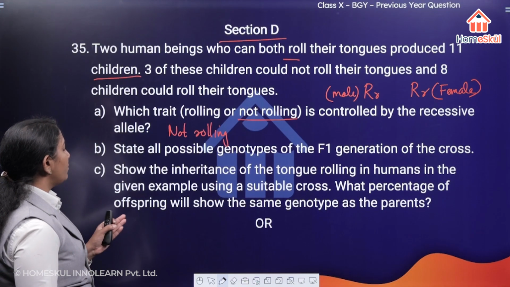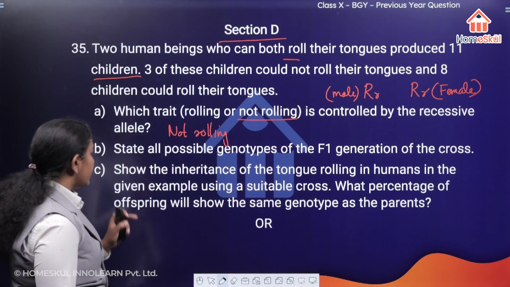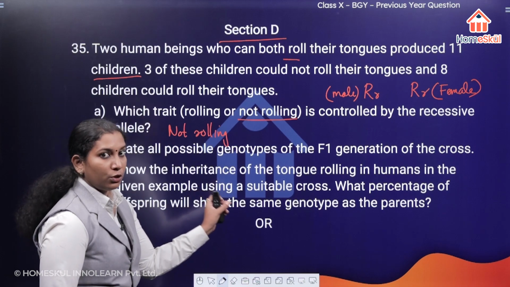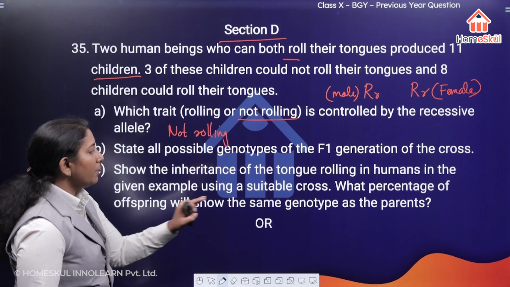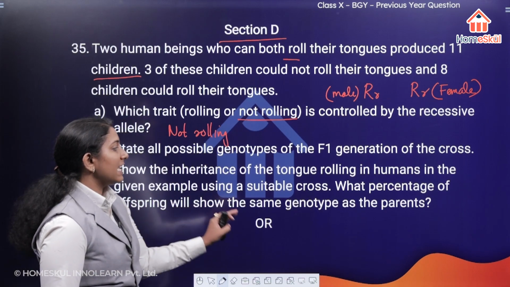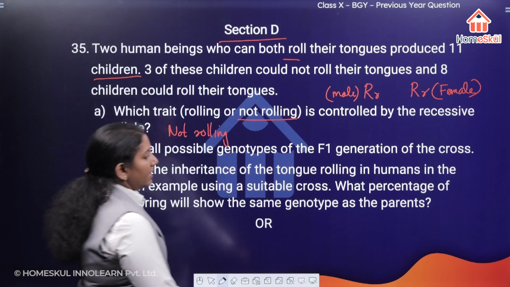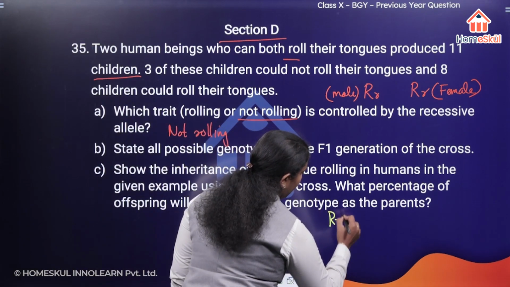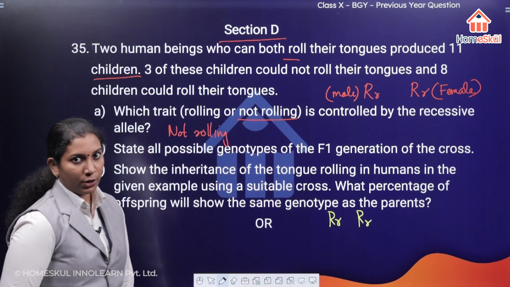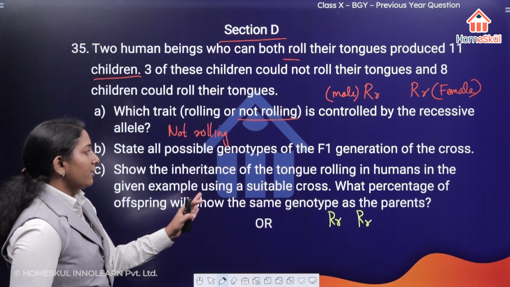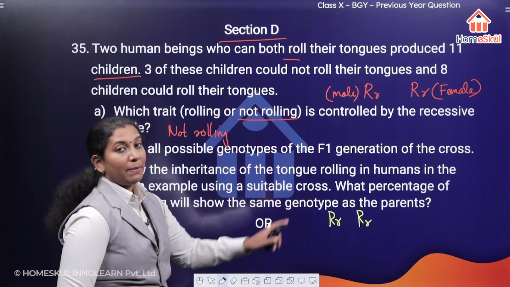Next, the C part of this question is, show the inheritance of tongue rolling in humans in the given example using a suitable cross. We have already done that cross. And what percentage of offspring will show the same genotype as the parents? The parents have the genotype capital R, small r, heterozygous. So how many of the offspring will show the same genotype as their parents?